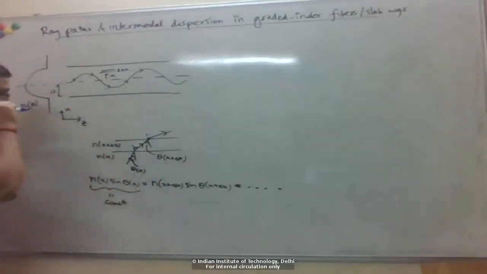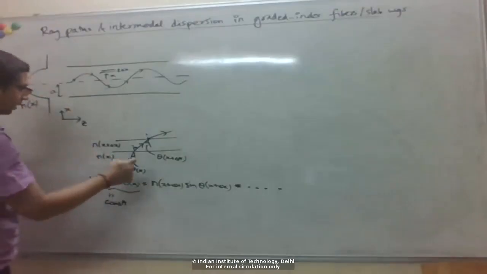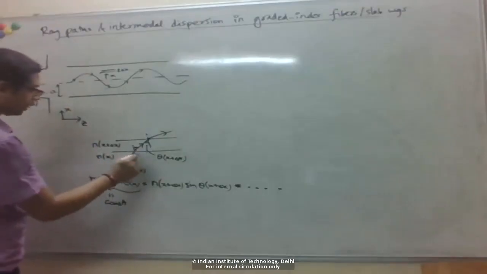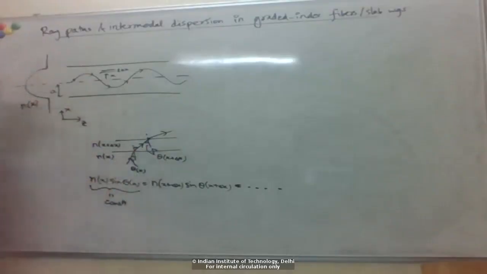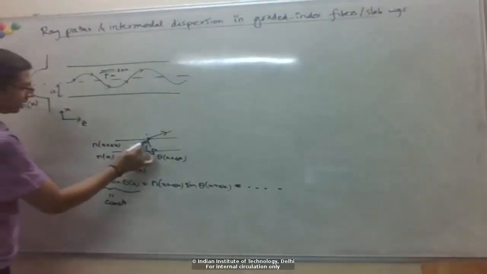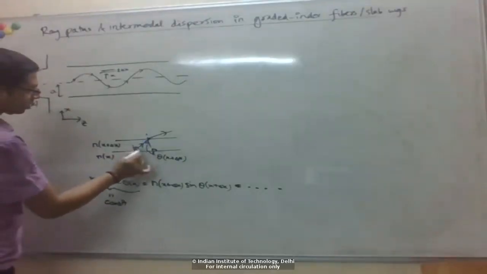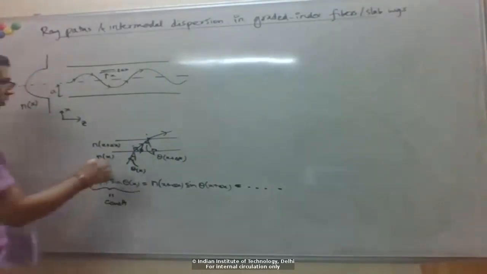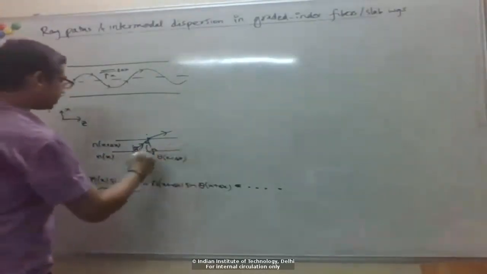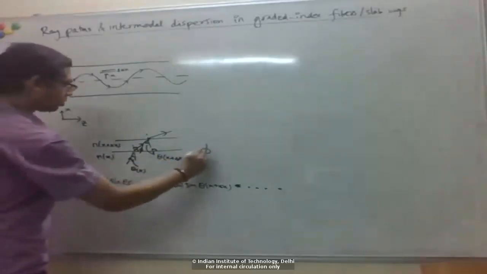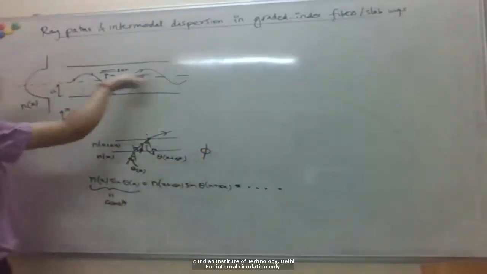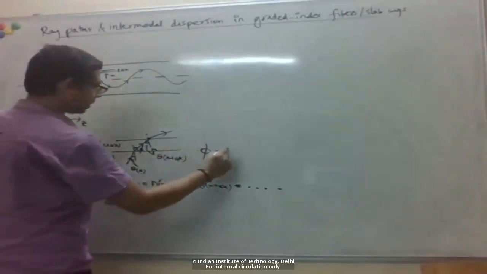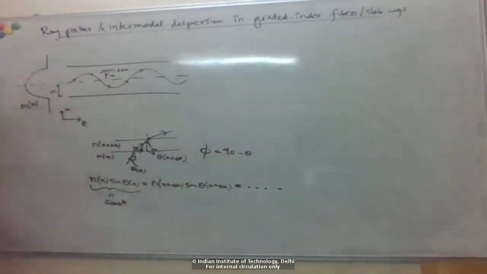Right, so now we know that this angle is 90 degrees. So this theta, the angle that it makes with the vertical, and the angle that it makes with the horizontal axis, the propagation axis, if we call that phi, is 90 minus theta at any x.